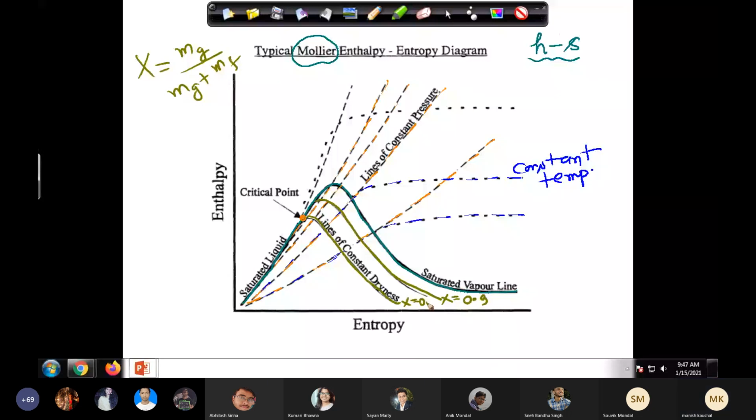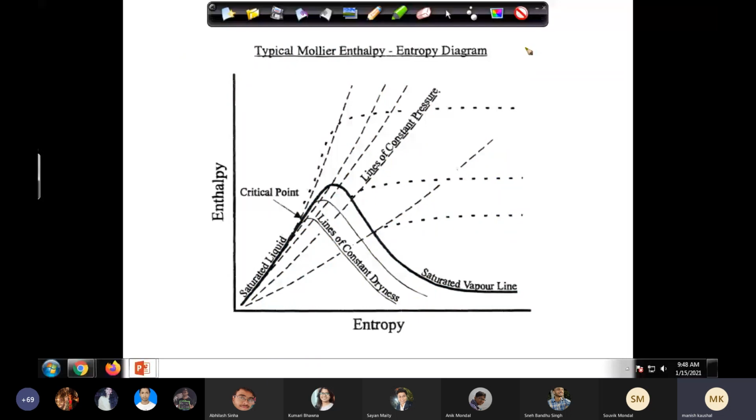Okay. So in order to understand this, let's learn a few concepts. Let me open a new page. Now, what we know from the first law is as follows.